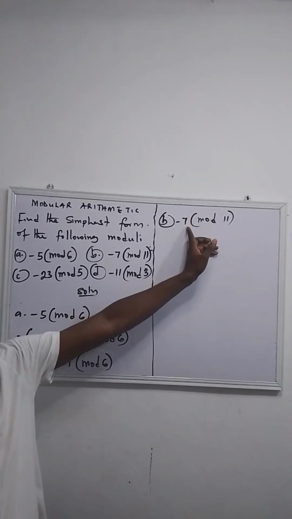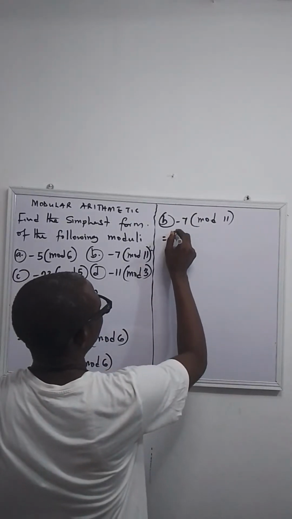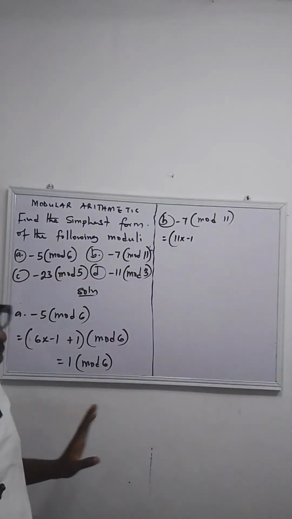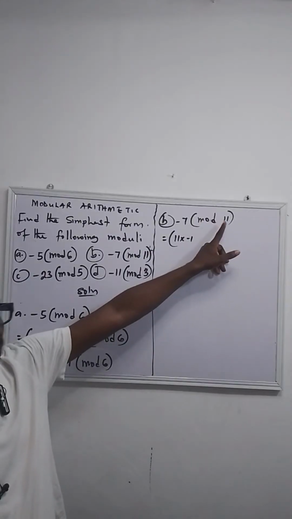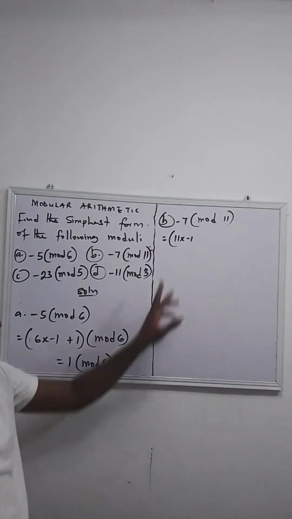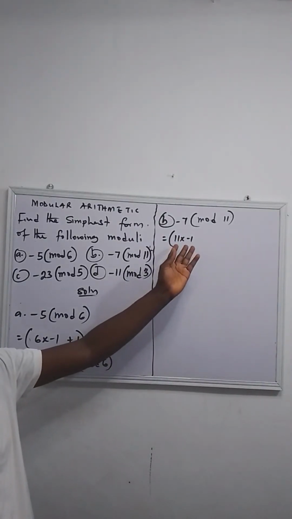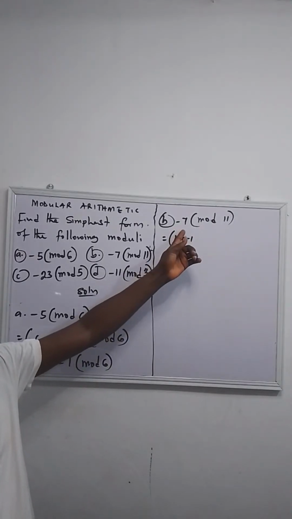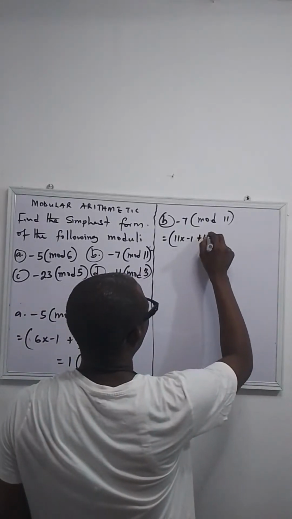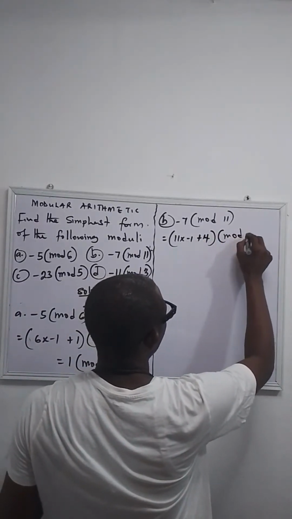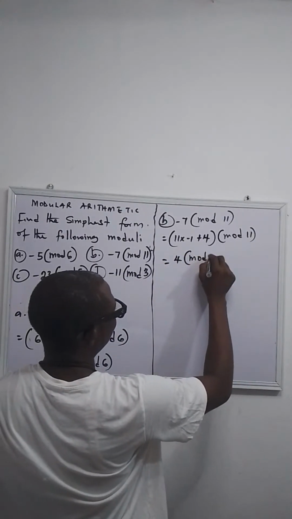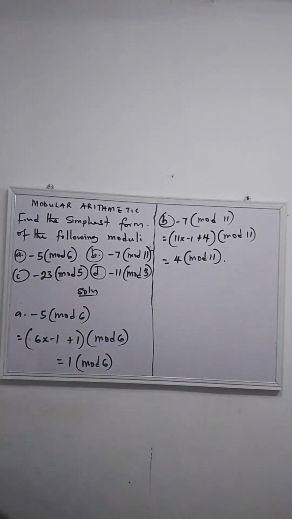Once it is bigger, you just write the modulo times -1, and that gives you -11. So you ask yourself, what are you going to add to -11 to have -7? That's plus 4 in mod 11. So now you have 4 mod 11. So that is the answer to that.